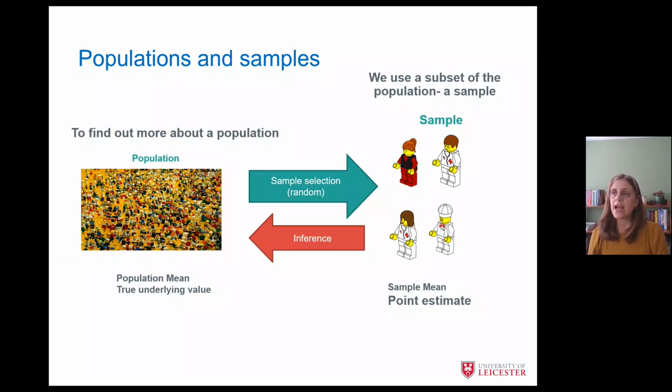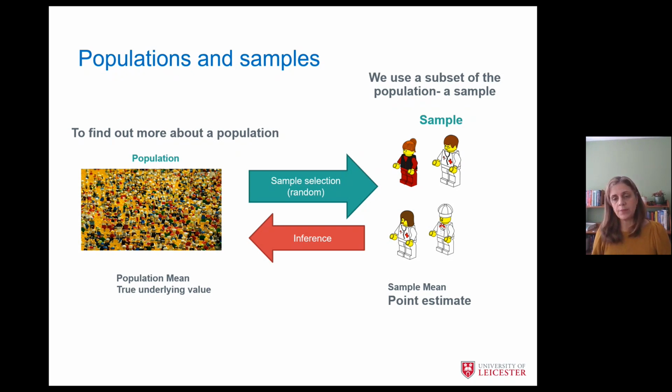When it comes to carrying out research, what we're really interested in is the effects or the statistics of a population. So we might be interested in the risk between cardiovascular disease and type 2 diabetes in the population of the United Kingdom.